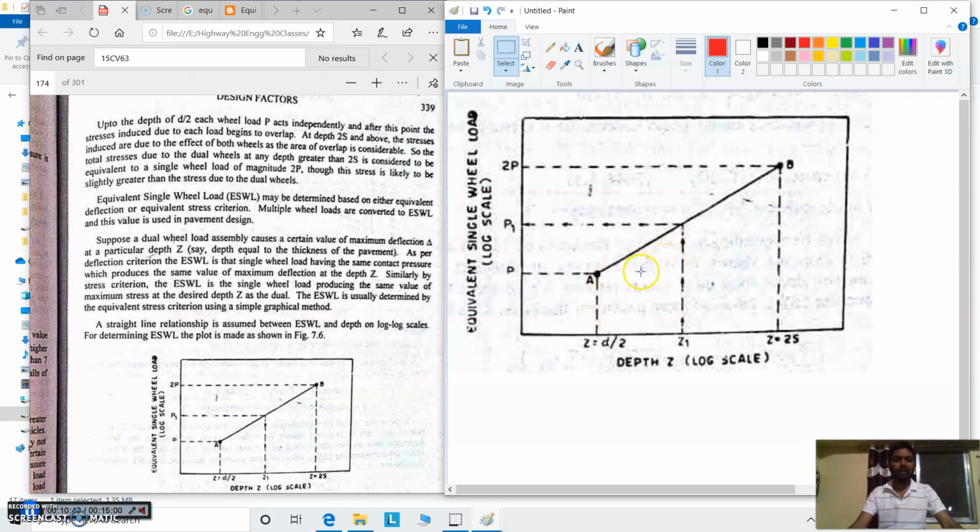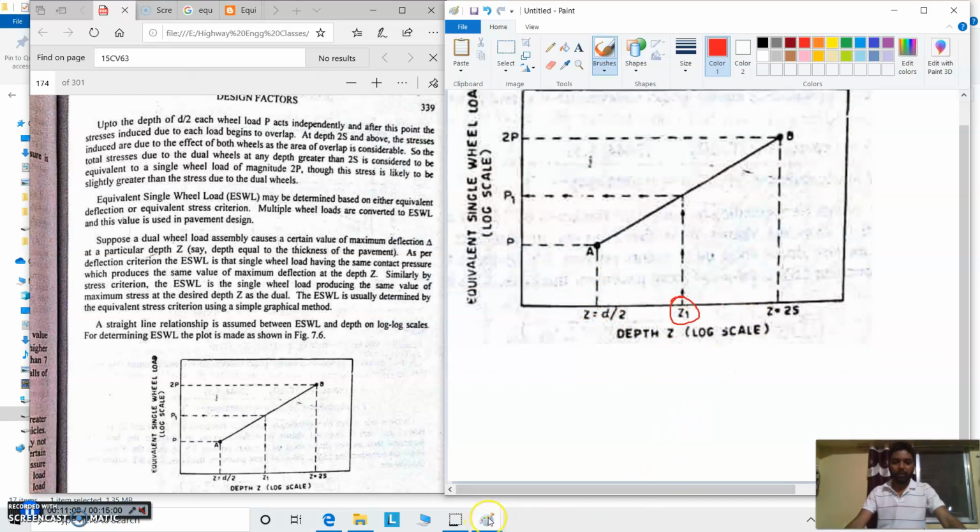As per the deflection criteria, the equivalent single wheel load is that single wheel load having the same contact pressure which produces the same value of maximum deflection at this particular depth z, that may be considered at z1, z2, z3, at many points in between d by 2 and 2s.